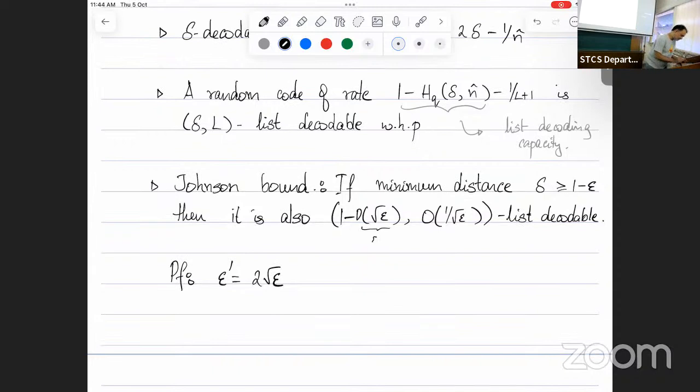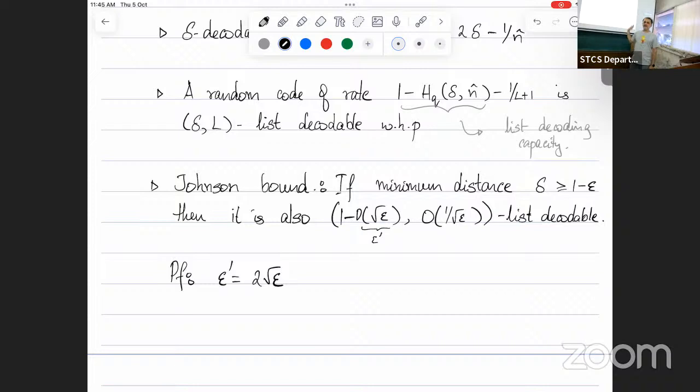This is going to say that a ball of radius 1 minus 2 root epsilon does not have too many codewords. Obviously, if I increase this 2 root epsilon to 100 root epsilon, that's a smaller ball, so of course it will have fewer codewords. Last time I proved it for 100, but I'm going to do it for 2.